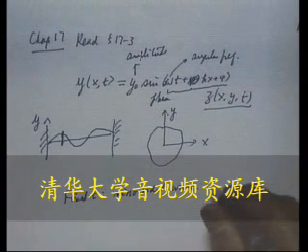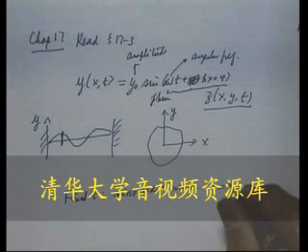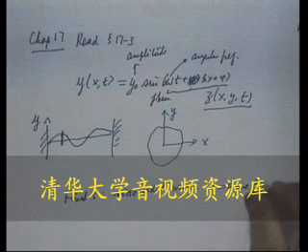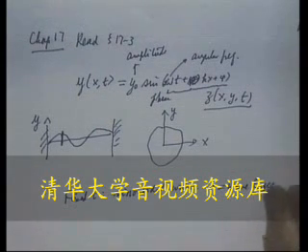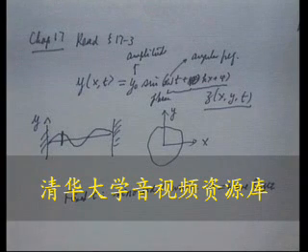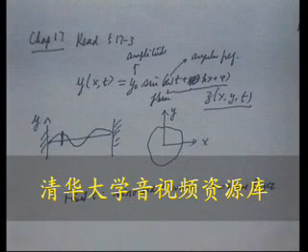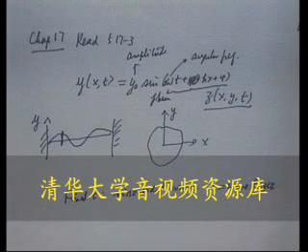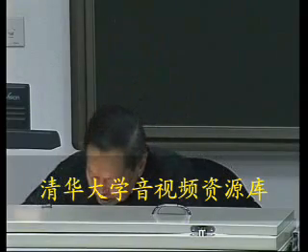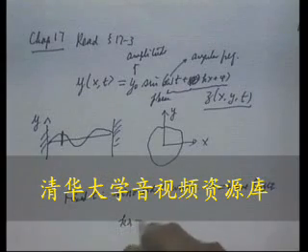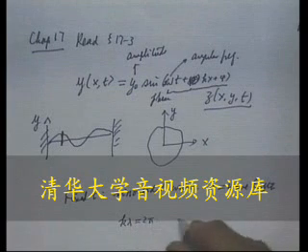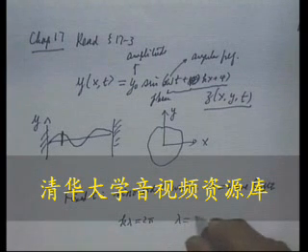Wavelength is usually called lambda. If you increase x by lambda, the phase should increase by 2 pi. That's the definition of a cycle. So k times lambda has to be equal to 2 pi. So lambda is related to k by 2 pi over k.